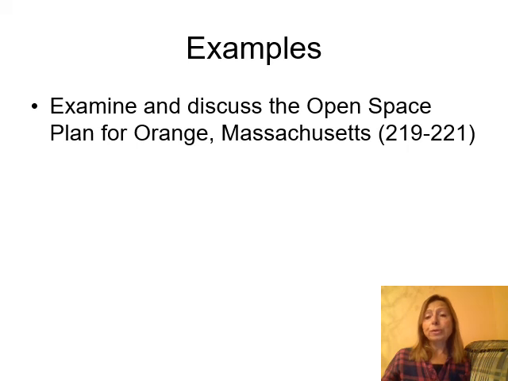planning process step by step, using concepts and principles of landscape ecology in land use planning and urban planning. So please examine on your own and discuss or reflect on the open space plan for Orange, Massachusetts.